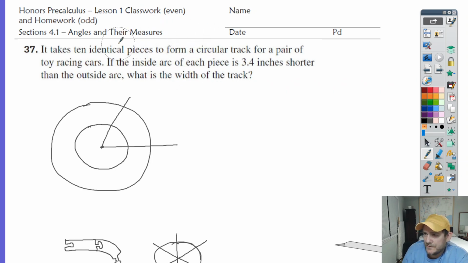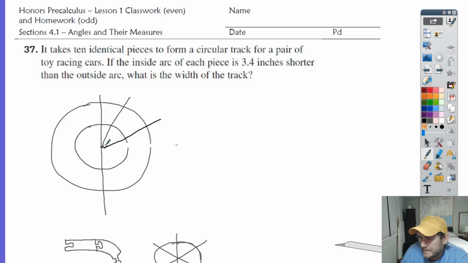This particular one says it takes 10 identical pieces. I'll try to draw it to scale, kind of. I'm going to need 5 on one side, 5 to the left, 5 to the right. So imagine just cutting this whole thing in half and then cutting the other side into 5 equal bits to the best you can.